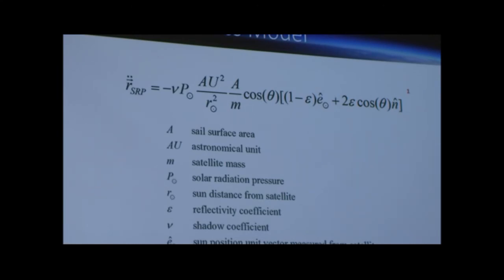So is this something that's taken into account when you launch normal satellites or reflective surfaces? Do you actually design it to be as matte or absorbent as possible in order to get rid of that? Yeah, some satellites do. Maybe they don't go so far as to design it to utilize the SRP.